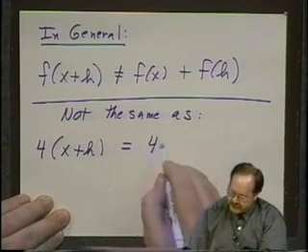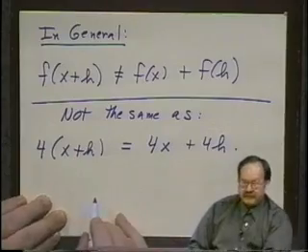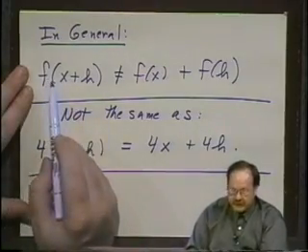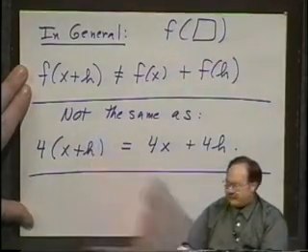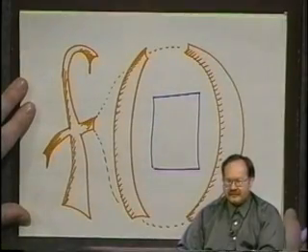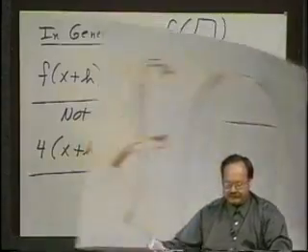Because 4 times x plus h is indeed 4 times x plus 4 times h. But this is not that. This is not multiplication. This is f of box. Remember the big picture. F of box. These all go together. This is not multiplication.